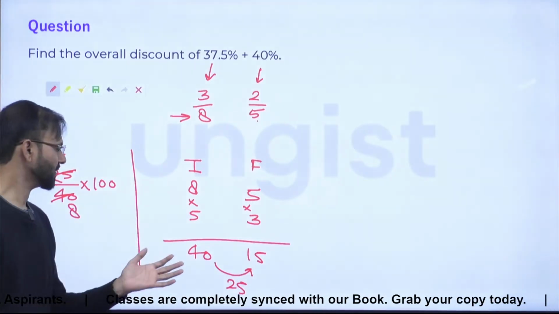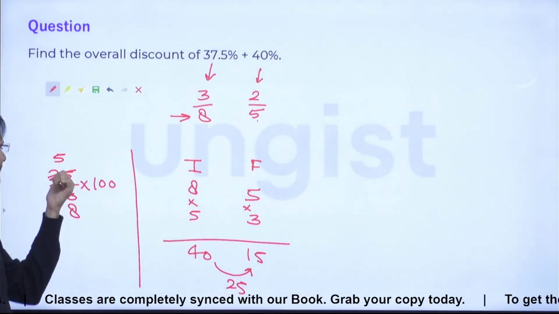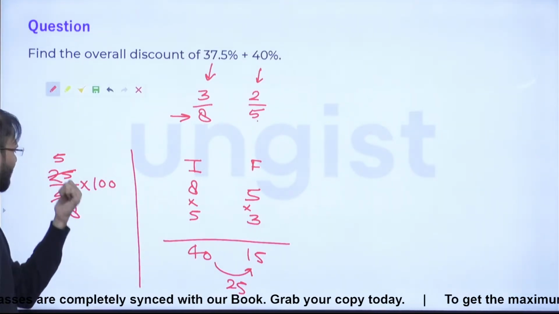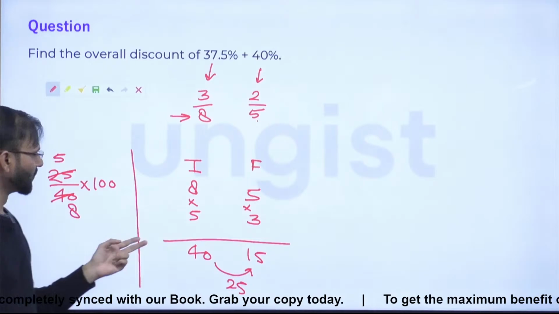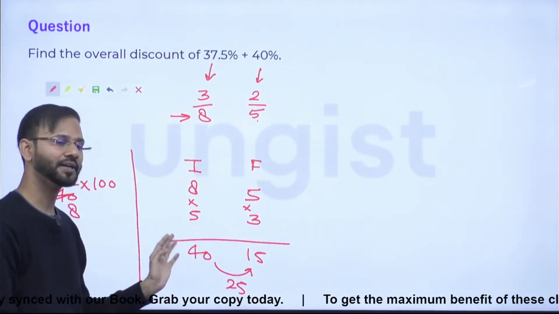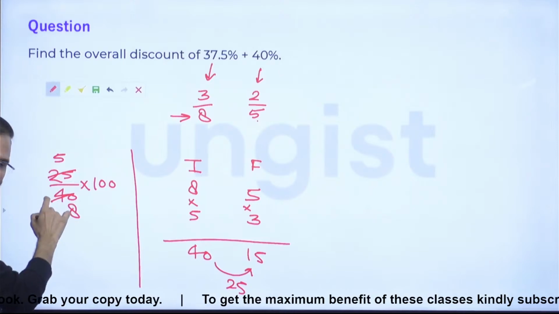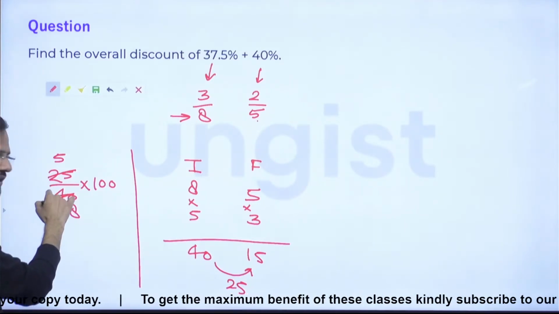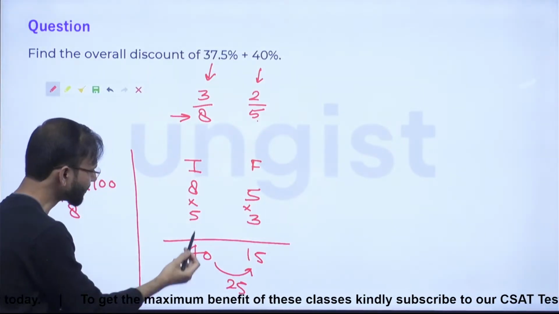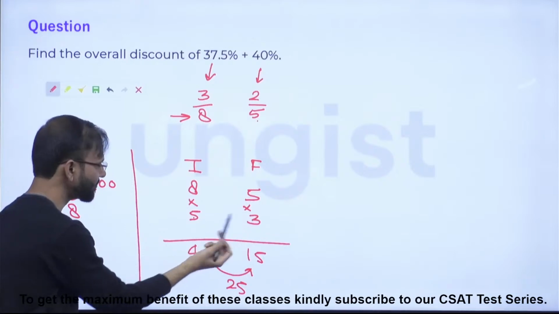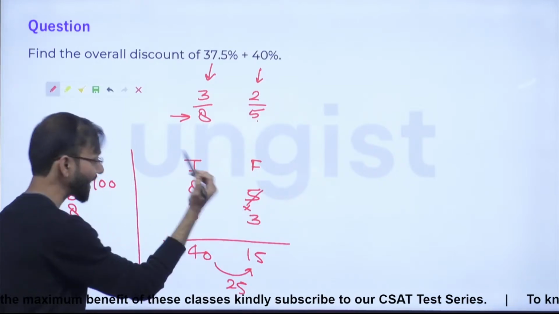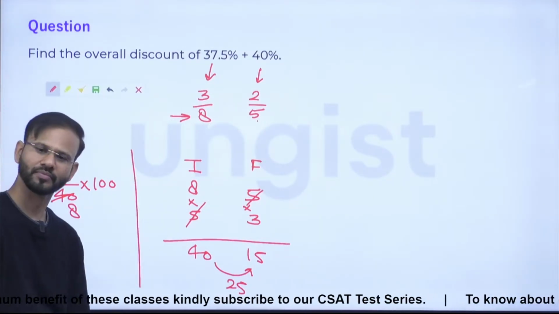Guys, just look at this. Just look at this. Here, why are we like dividing it here when division option is available here also? Because 5 is getting cancelled, right? Just look at this. 5 is getting cancelled. Why 5 is coming? Because you are multiplying 5, you are multiplying 5. So that's why just cancel this 5 here itself. Right?